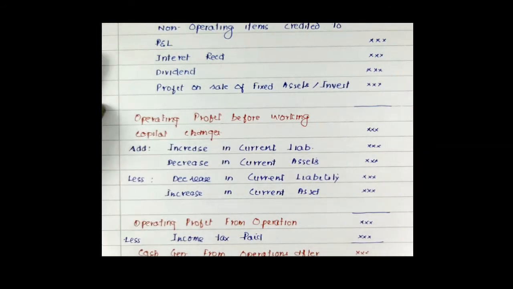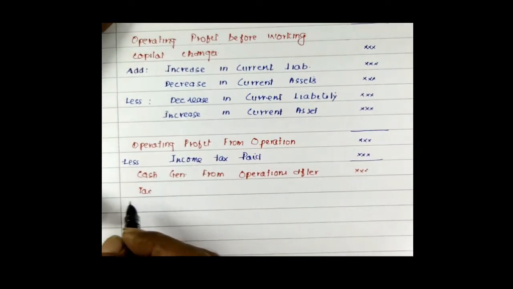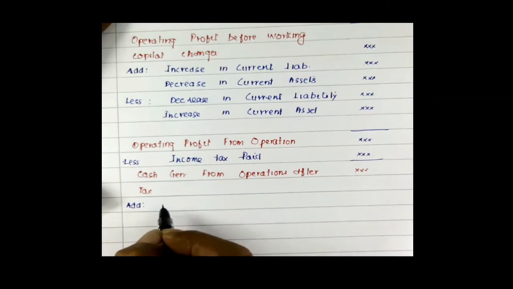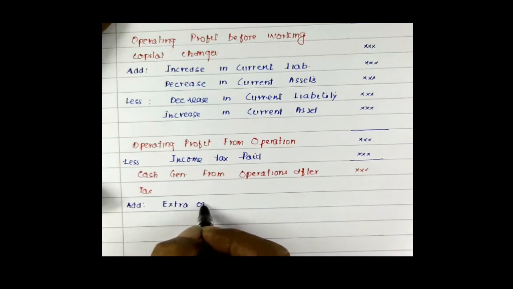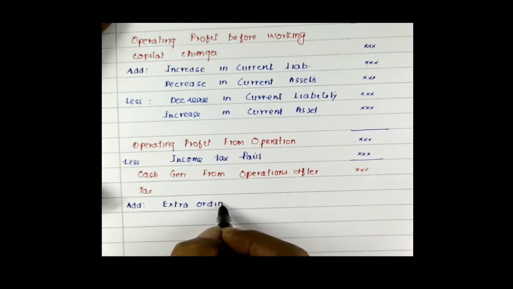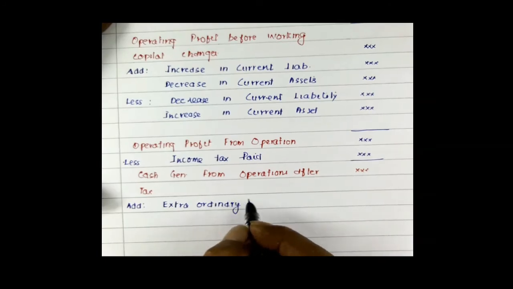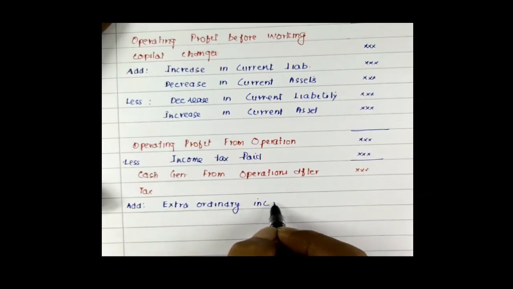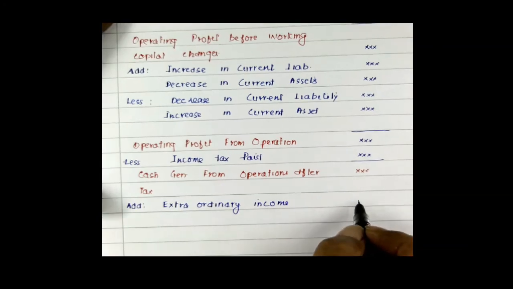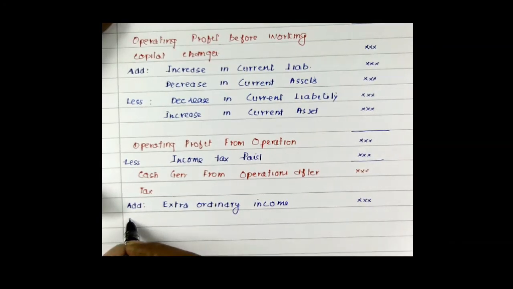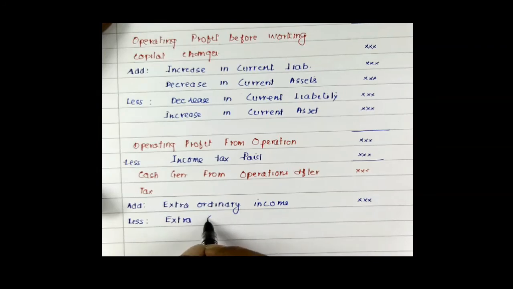And in case there happens to be any extraordinary income, you are going to add it. Add extraordinary incomes, less extraordinary losses.